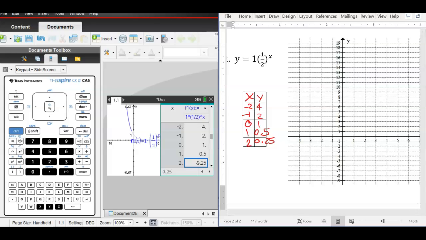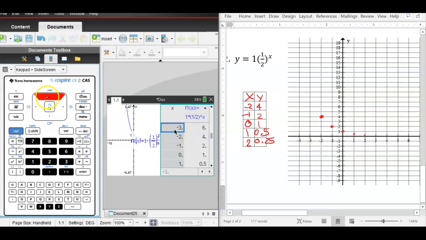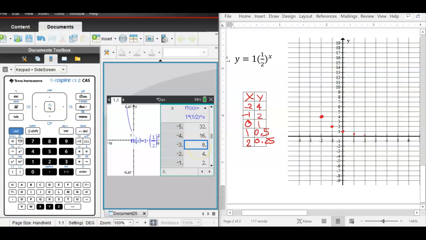Alright, so -2, 4, put a point right here. -1, 2, put a point right here. 0, 1, 1, 1/2, 2, 0.25. And I could even go back another step to -3 and get, whoops. -3 is 8. -4 is 16.